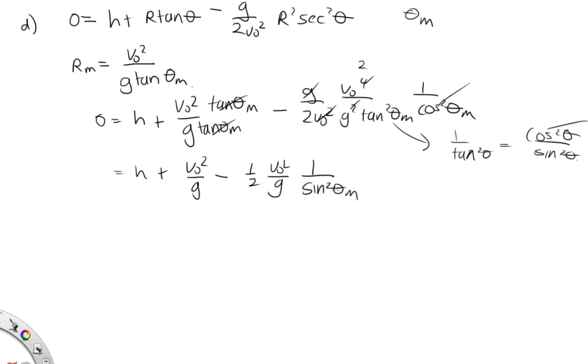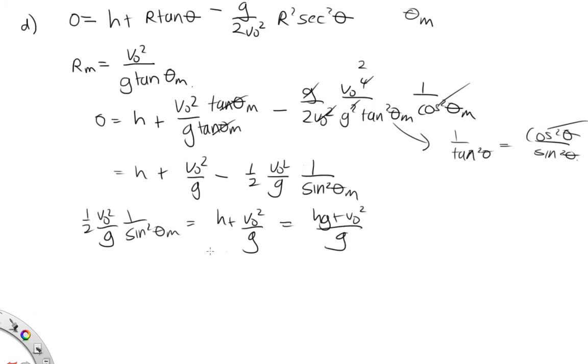Okay, now we need to rearrange it to get this by itself. So let's write a half v₀² over g times 1 over sin²θ_M is equal to H plus v₀² on g, which is equal to (Hg plus v₀²) on g, just in case that helps.